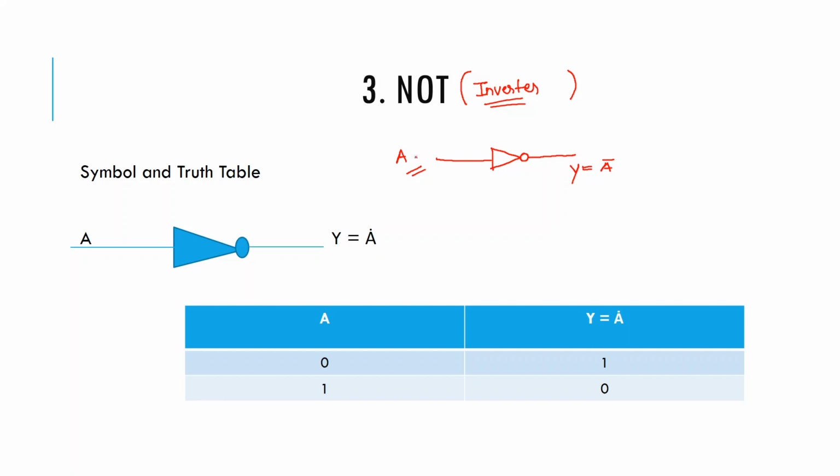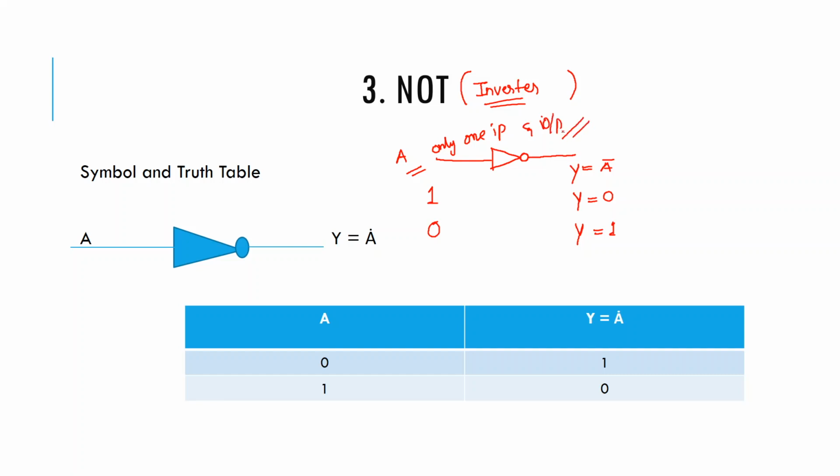Whatever input you are giving, the output will be the inverse of that. Suppose I give input 1, the output will be 0. If I give input 0, the output will be 1. It inverts the thing, just like an inverter. But remember that it has only one input and one output.